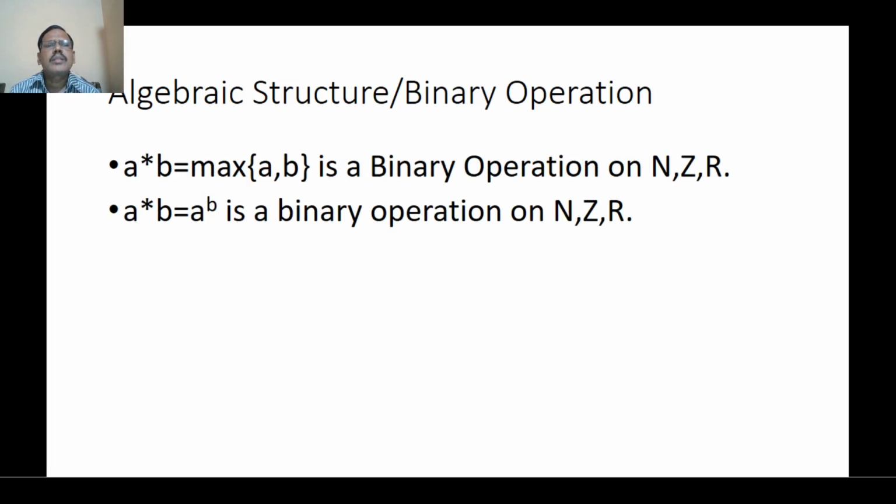Let us consider another binary operation: a star b is equal to the maximum of a and b, which is a binary operation on N, Z and R. N means natural numbers, Z means integers, R means real numbers.